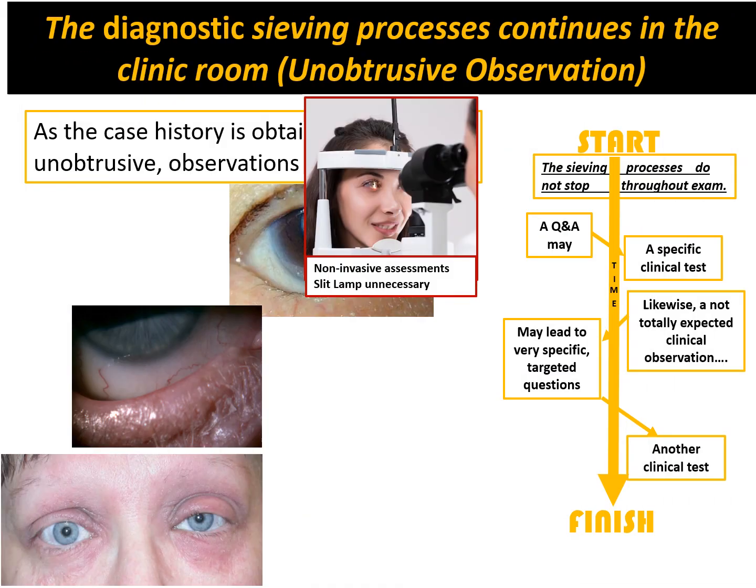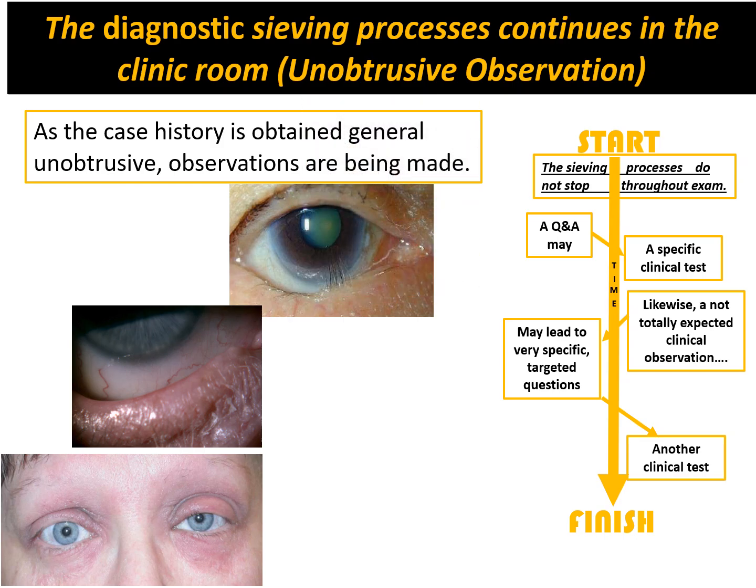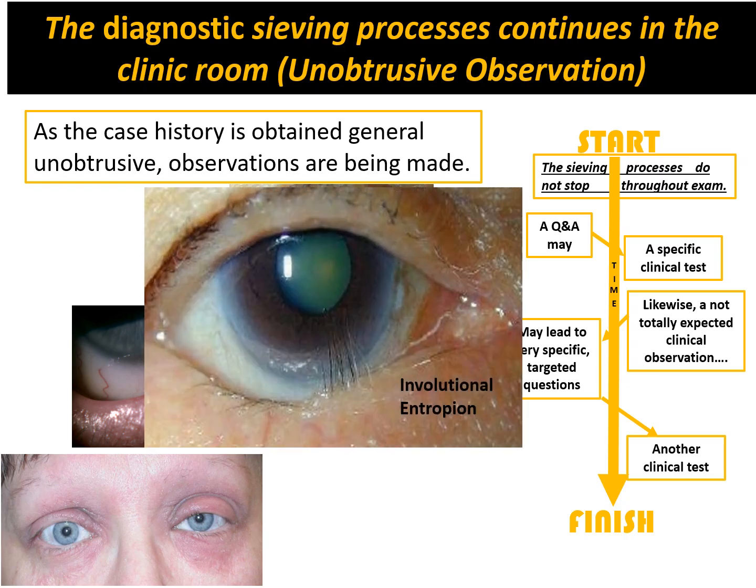So here are examples where non-invasive, unobtrusive observations, particularly of the lids and without a slit lamp, clinch the diagnosis and trigger targeted questions. A patient may describe intermittent dry eye during the case history, and perhaps out of the corner of your eye, the patient is noted doing a heavy blink and suddenly the lower lid just turns in.